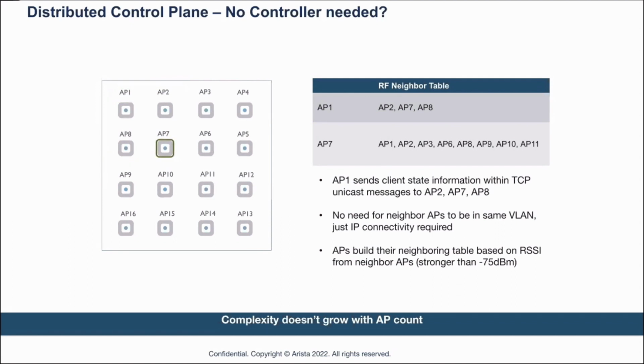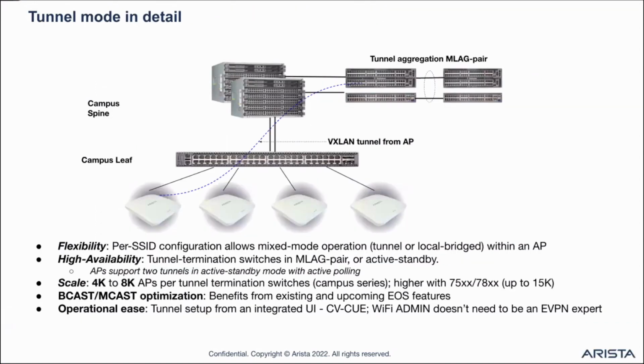So the whole notion of this control plane here, and I'm going to skip through this in the interest of time because I want to cover a few other slides. This is a distributed protocol that is running among the APs. The whole concept here is each AP is able to identify the radio neighbors, and instead of depending on a controller to maintain all the states and then tell the new AP where the client is roaming to, as the users are roaming, identifying the radio neighbors and being able to transfer the state securely between those APs is really what this whole distributed control plane is.